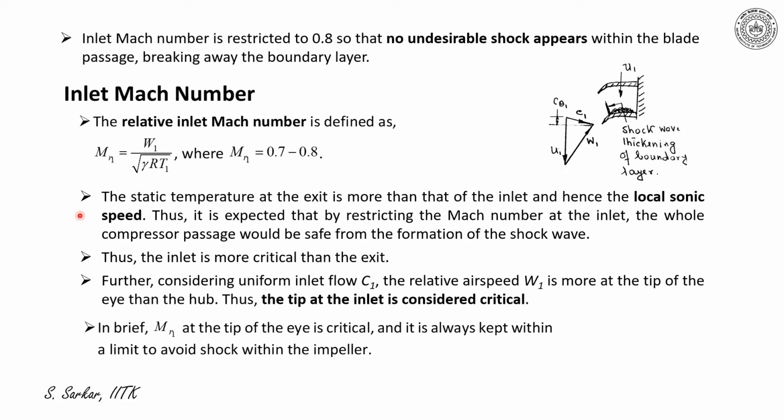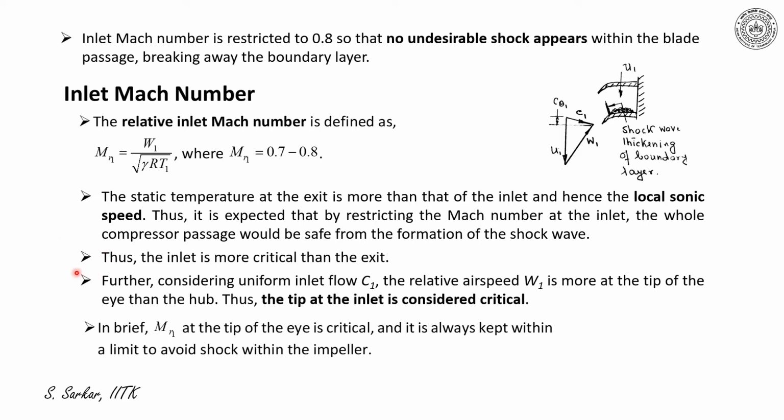Please note that the static temperature at exit is more than the inlet, and hence the local sonic speed. What I like to say here, the local sonic speed at exit will have a higher value than that of the inlet. It is expected that by restricting the Mach number at inlet, the whole compressor passage would be safe from the formation of shock wave.